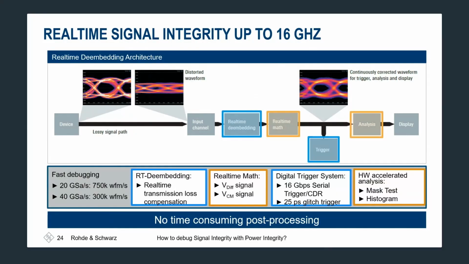Finally, our oscilloscope also has integrated hardware-accelerated analysis features for mask testing and histograms in the acquisition board itself. And then the final step is to display the fast updated waveform on the oscilloscope screen. With this architecture, we can reach up to 400,000 UIs per second.